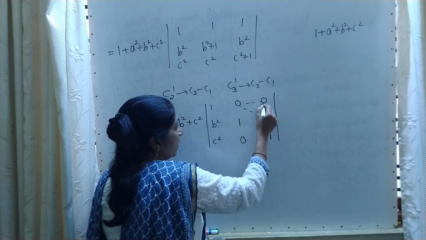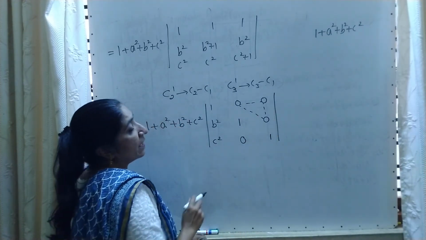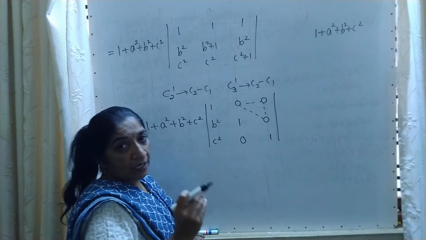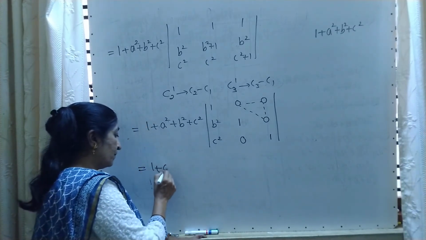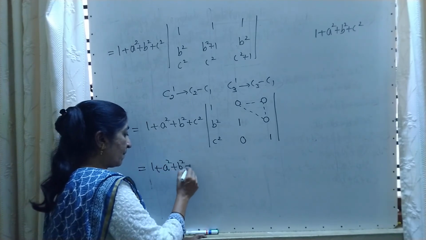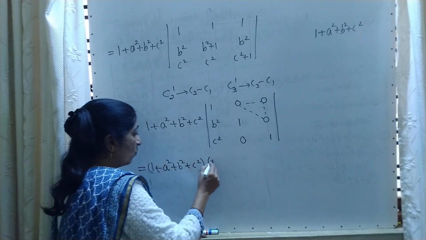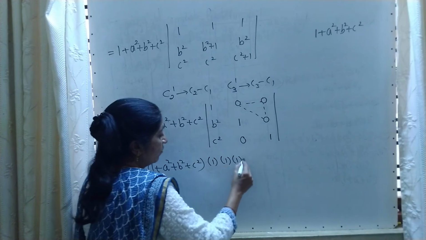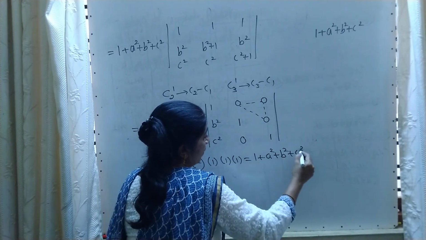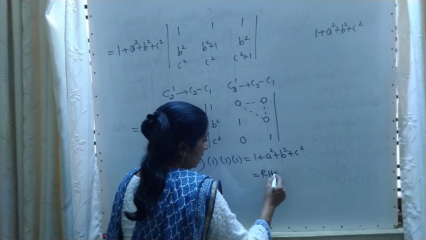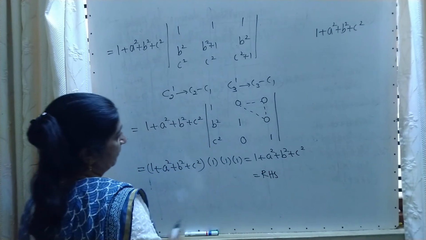If you join, they are in the form of a right angle triangle, then what are you doing? We are multiplying the elements present in the principal diagonal. That is nothing but 1 into 1 into 1. So finally we got 1 plus A square plus B square plus C square. That is nothing but RHS.